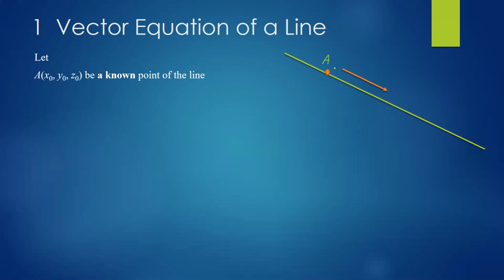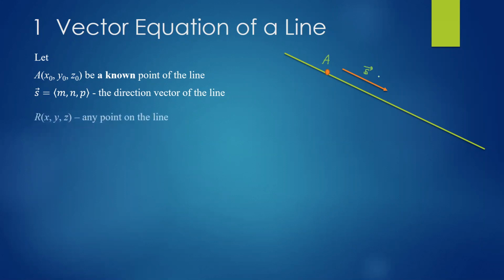So suppose we have a direction vector of the line, a direction vector S. Again, coordinates known, 3 coordinates in this case, m, n and p. And to describe any point on this line, that would be the point R. And just like in the case of 2 dimensions, it could be any point on this line.